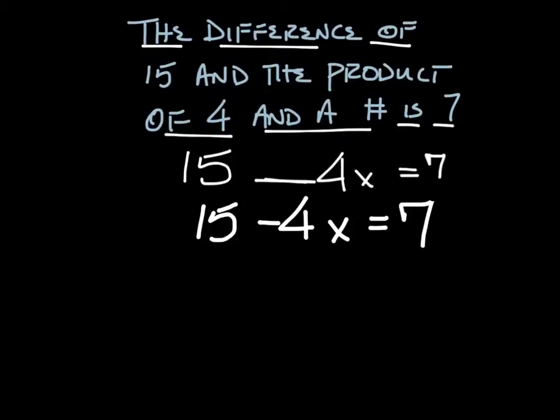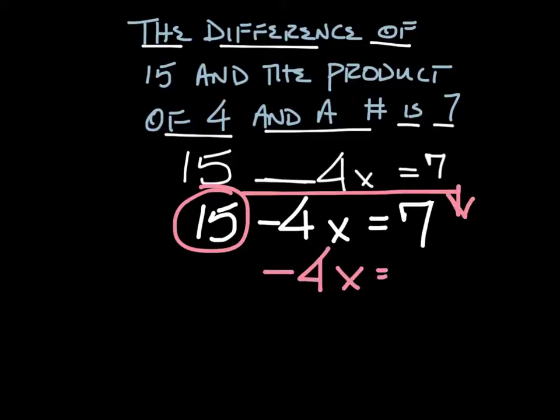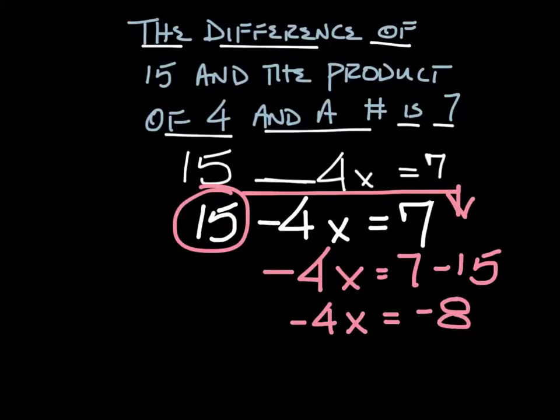Yeah, you could do that. What you would do is move this 15 to the right side and make it minus 15. What's 7 minus 15? It's not 8. Negative 8, yes. So negative 4x equals negative 8.